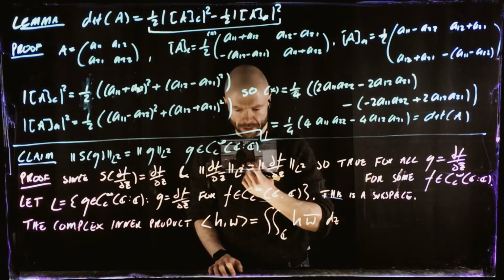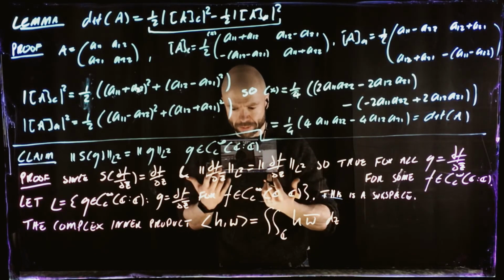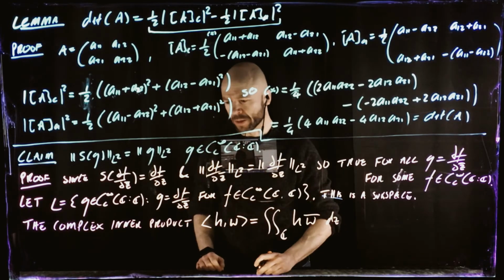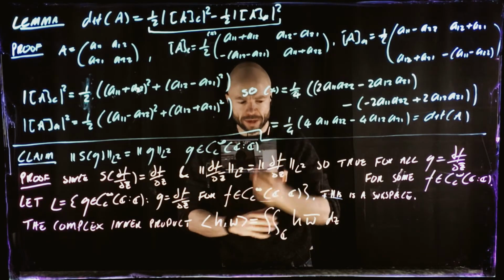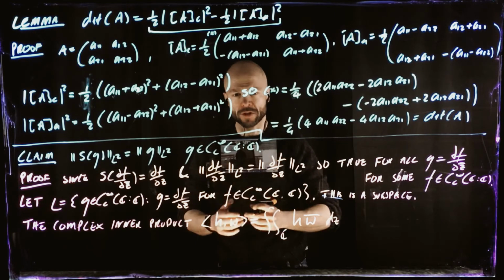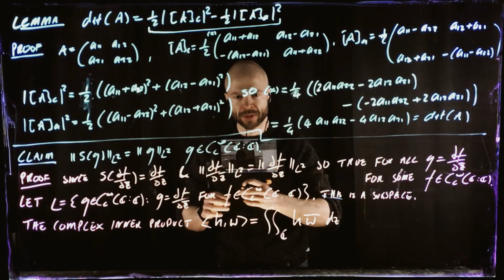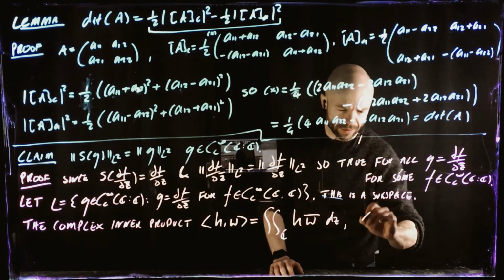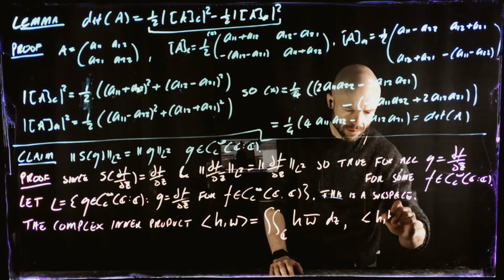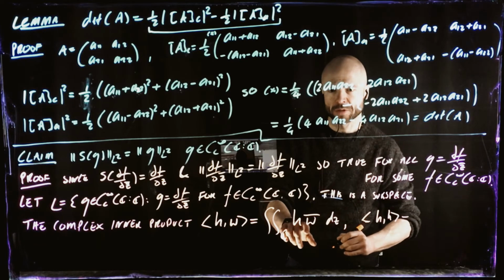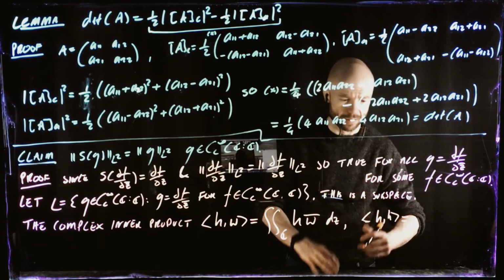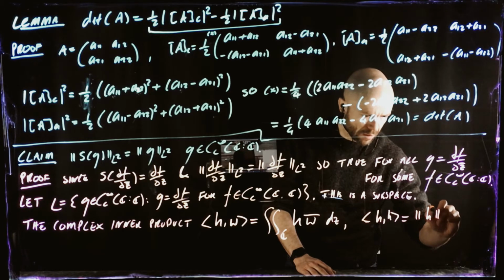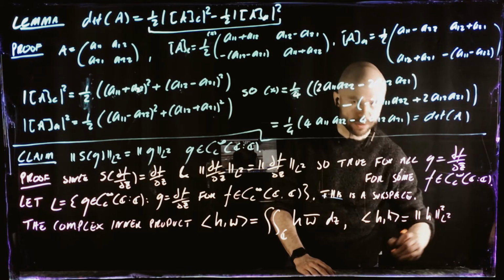Which might seem a little bit surprising, but one of the basic things we need for the inner product is that when we inner product a function with itself, we want to have the norm of the function squared. If we do the complex conjugate like this, then sure enough, that's true. If we didn't have the complex conjugate, we'd have h squared, which wouldn't be the norm of the function squared. So this is the L2 norm squared of the function.